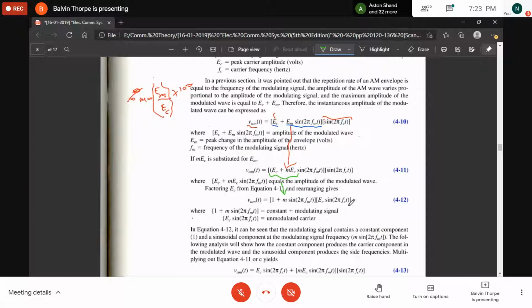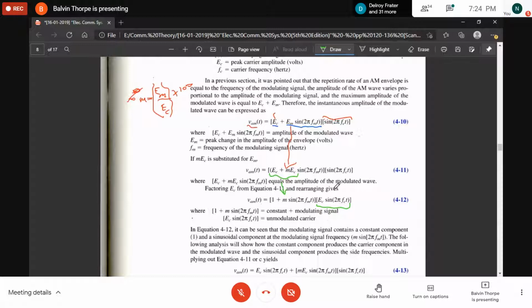Now, even before we expand this new expression in 4.12, one other thing that we can do is show clearly that this part of the expression is your original carrier.